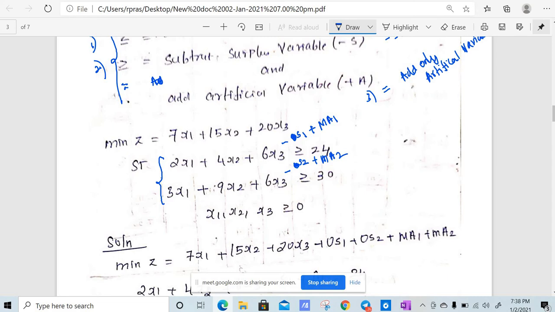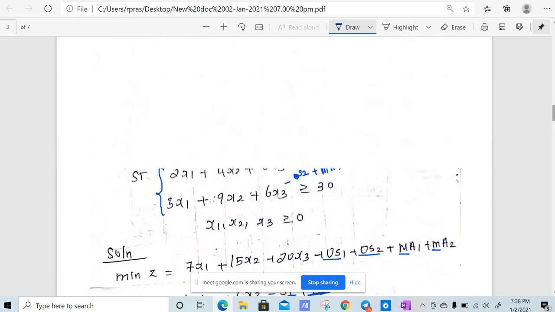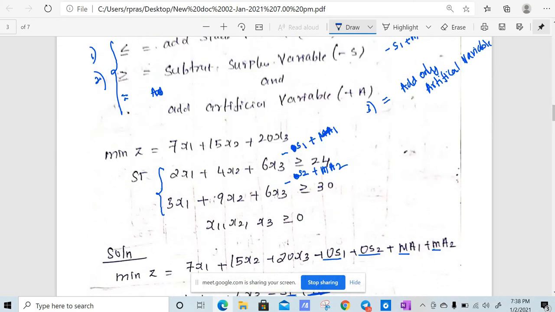You can change the inequality to equality, right? Yes. So what I'm doing is subtracting one surplus variable and adding one artificial variable to change greater than or equal to, and again subtracting one surplus variable and adding one artificial variable. And here the important thing is, you can write 0s1 and 0s2, but here we need to write M a1 plus M times a2, right? M a1, you should not write M here. So you just see this.